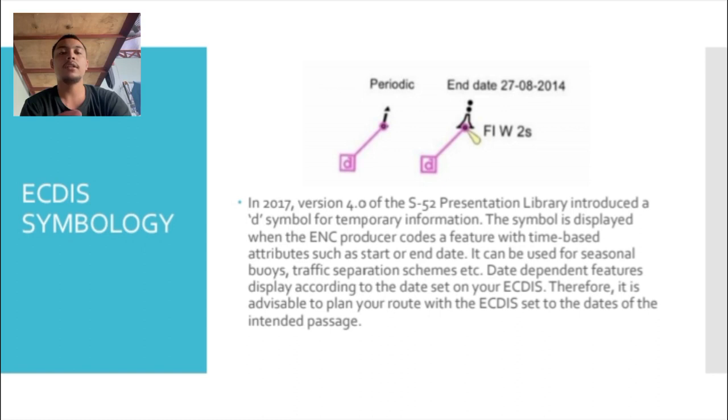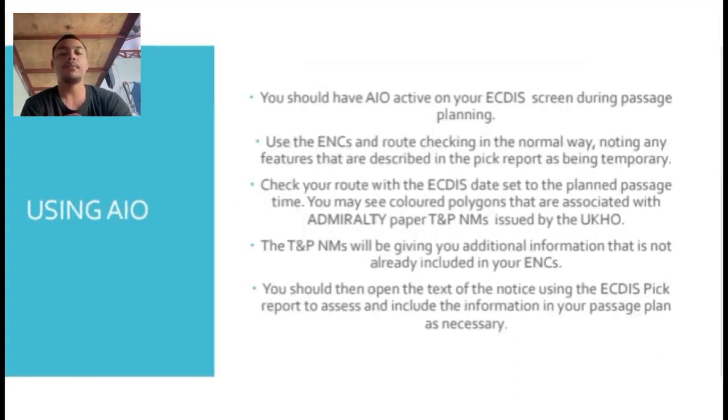Date-dependent features display according to the date set on your ECDIS. Therefore, it is advisable to plan your route with the ECDIS set to the date for the intended passage. Using AIO, you should have AIO active on your ECDIS screen during passage planning.